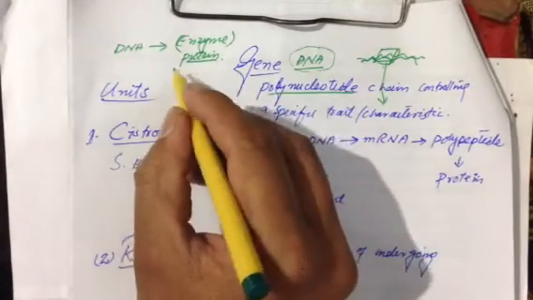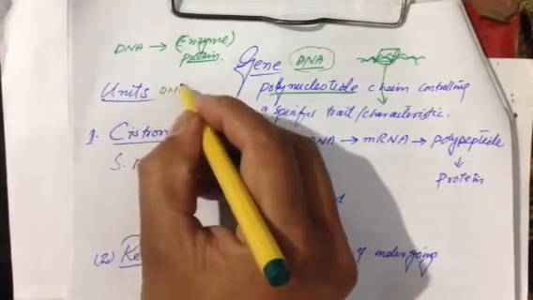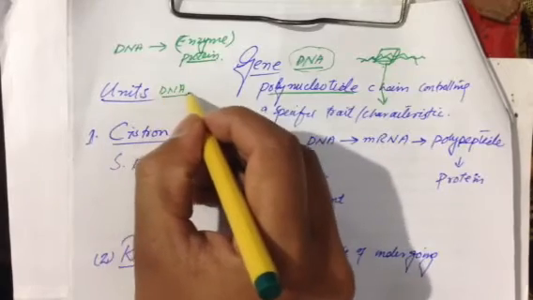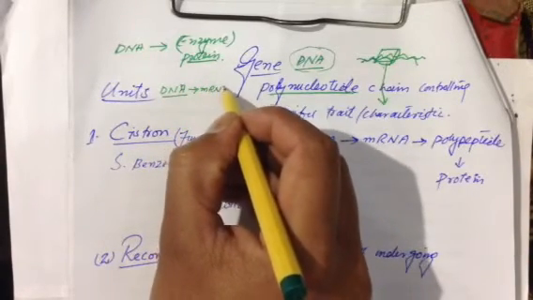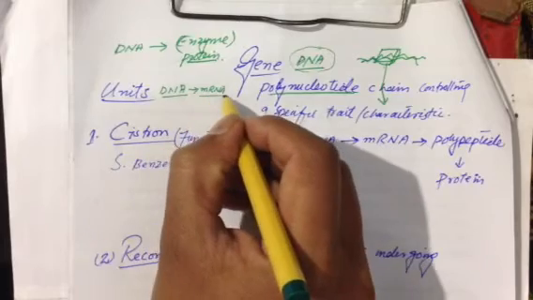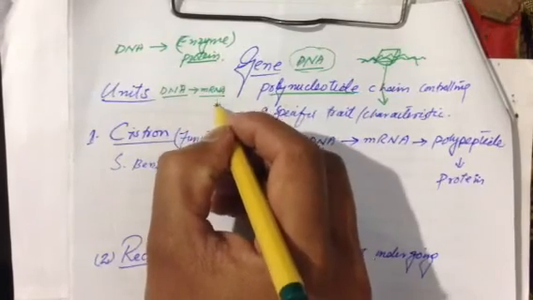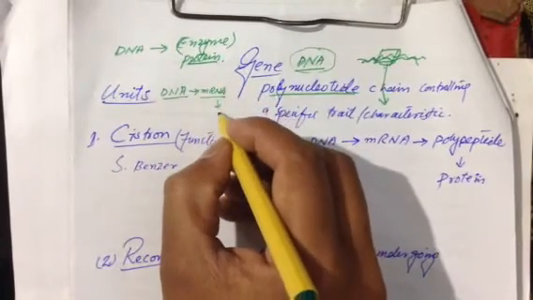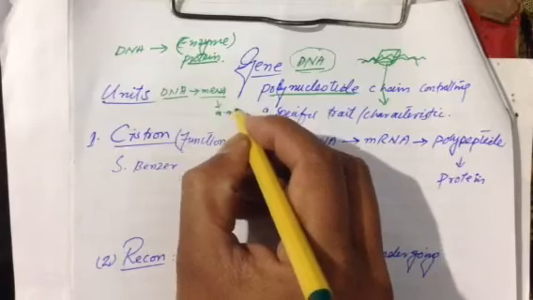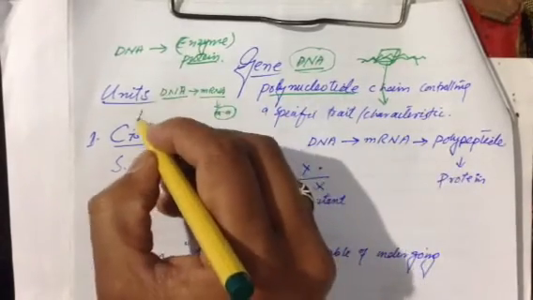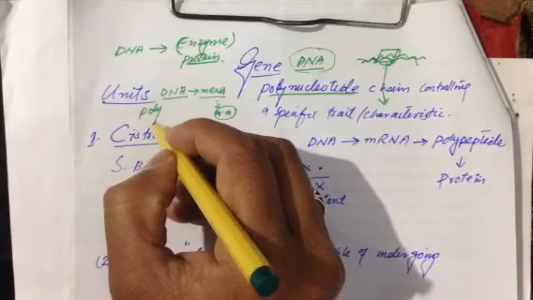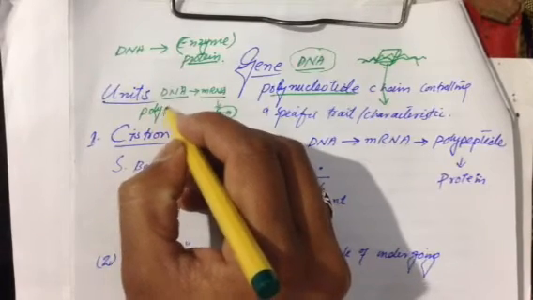For example, we have DNA, and this DNA is going to produce a single molecule of messenger RNA, and this is translated and produces an amino acid chain, and this is called the polypeptide chain.